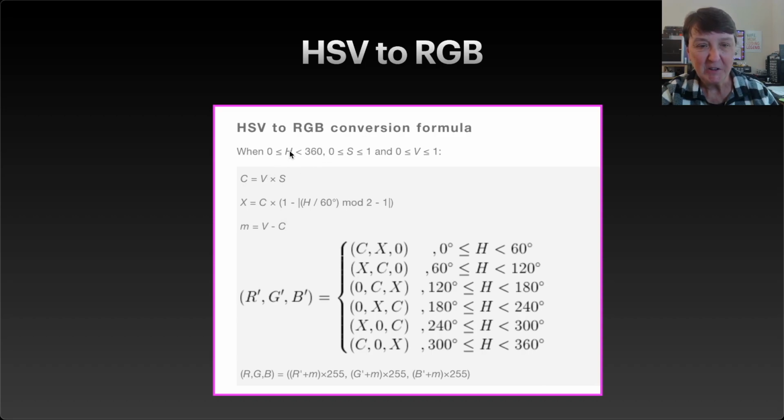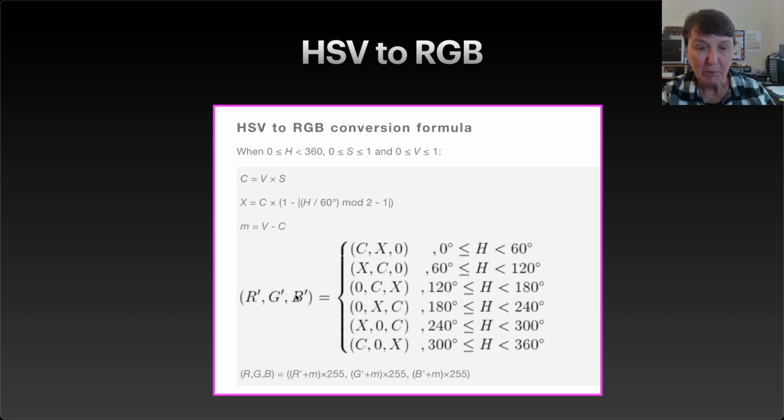You can see here's our hue, here's our saturation and value, and then you have to calculate these values with not much explanation about what they are, and then this thing called X. Then, depending on which section of the wheel you're in, and it has to do with the fact that you divide up the wheel into 60-degree segments, you can get your RGB prime.